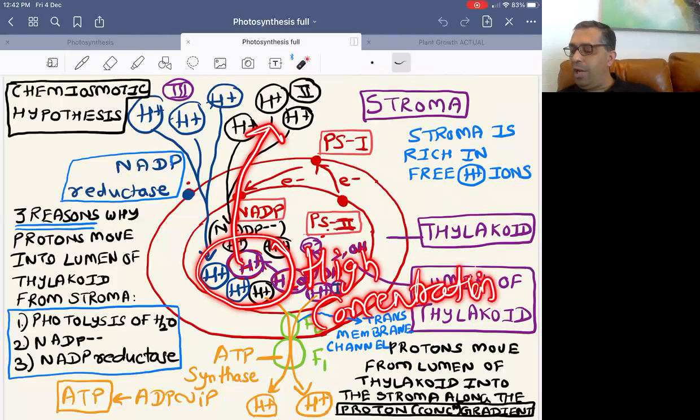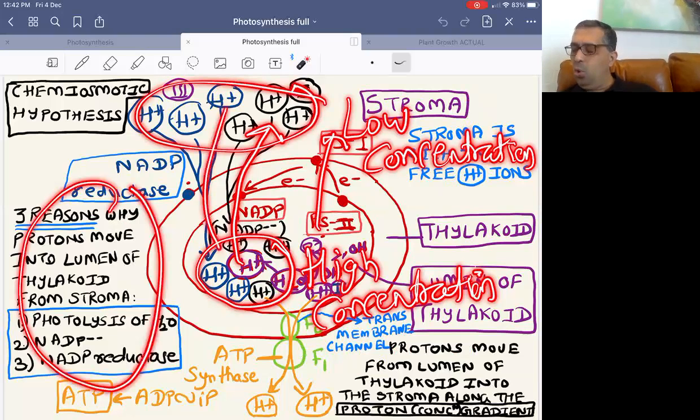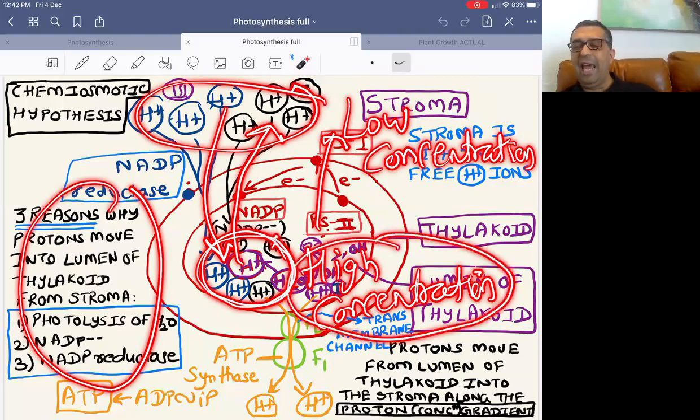Because the proton concentration in the stroma was high, but for all these three reasons, protons have moved into the lumen of the thylakoid, and the concentration of protons in the lumen has increased.